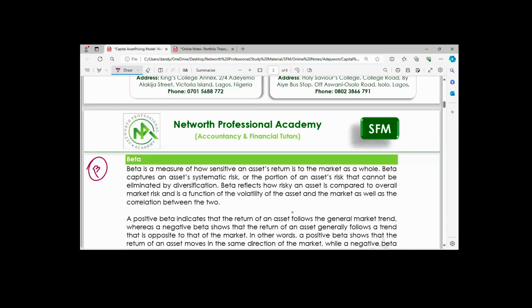So there are three types of beta. We have positive beta, negative beta, and also zero beta. When you say positive beta, it shows that the return of the asset follows the direction of the market.